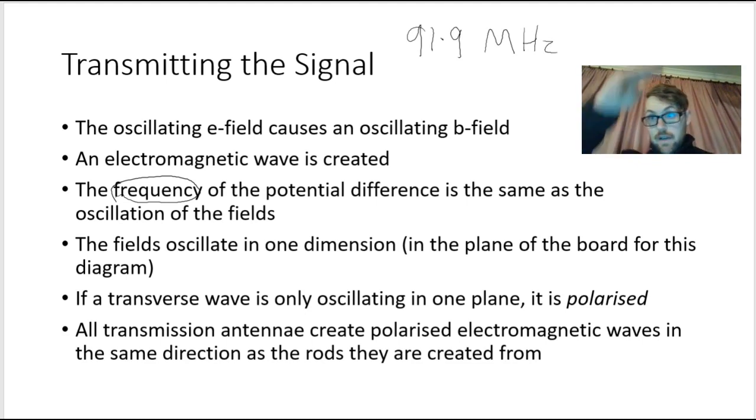So this thing is oscillating 91.9 million times every second, and then your antenna is tuning into that oscillation frequency, and that's how you pick up the signal. But we'll have a look at receiving the signal in a moment.